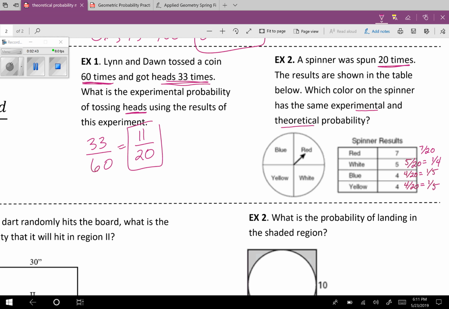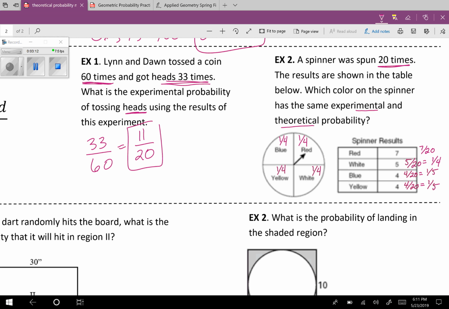Now we're going to figure out the theoretical probability. Each section of the spinner is the same size, so it's fourths. Total possible outcomes is 4, and each is 1/4 of the circle. So red has a probability of 1/4, blue has a probability of 1/4, same thing for yellow, same thing for white.